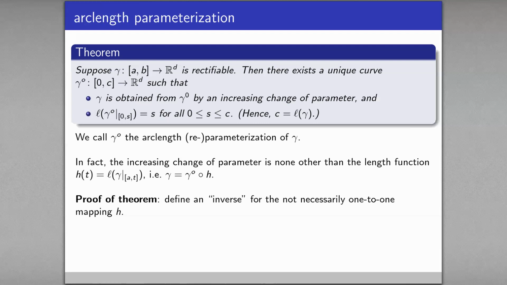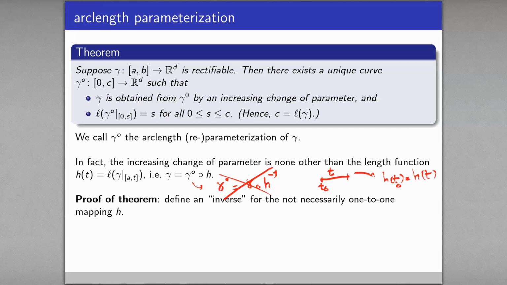And here the point is, you cannot say gamma 0 is gamma defined with h inverse, because there is no h inverse, right? h is this length, and for some interval where the function remains constant, all of these t map to the same h of t. So if this is t0, for every t here it is the same. So there's no h inverse.